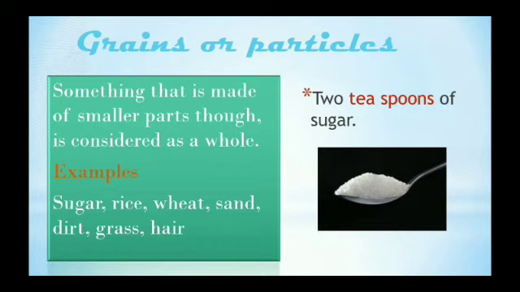We always count the container in which it is carried. Sand, dirt, grass, hair, these all have small particles or small grains in them, but they're considered as a whole thing, and these also come under uncountable nouns.